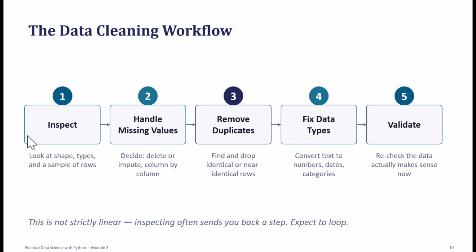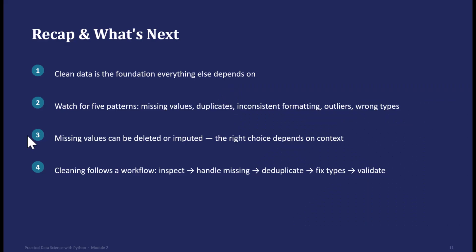We'll handle that later. All right. Then removing duplicate values, finding and dropping identical or near-identical rows. We have fixing data types, converting text to numbers, dates, and categories, and so on, and validate. We check that the data actually makes sense before you go. So this is not strictly linear. Inspecting often happens again. This is very important. It's a loop.